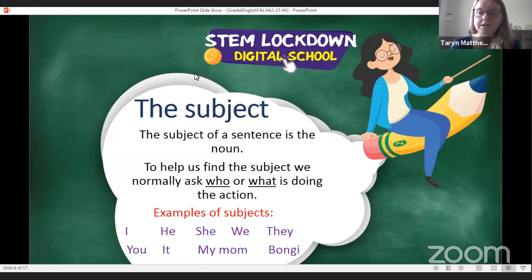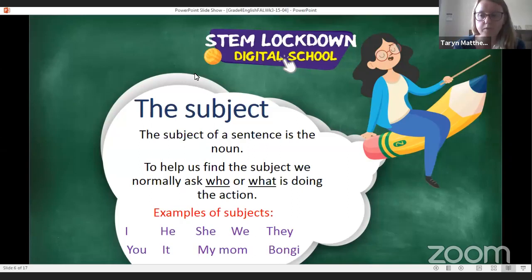So if I have a look at my subject, the subject of a sentence is my noun. So to help me find a subject, I need to ask myself who or what is doing the action.